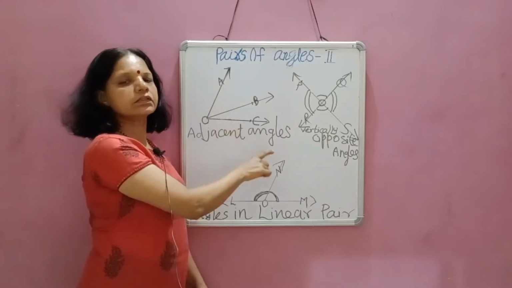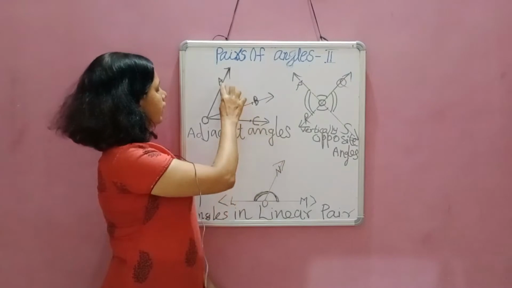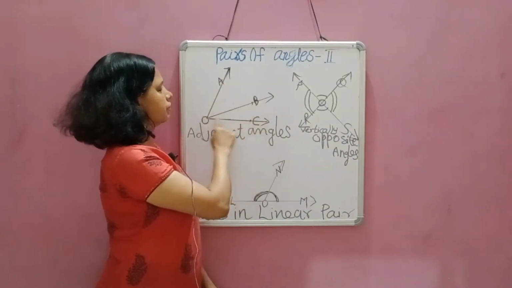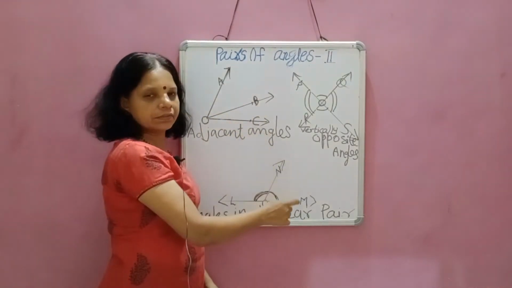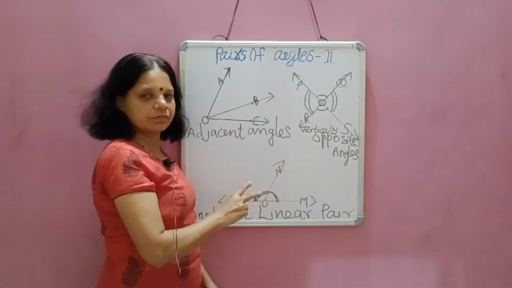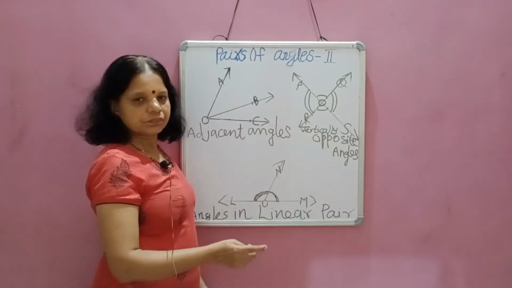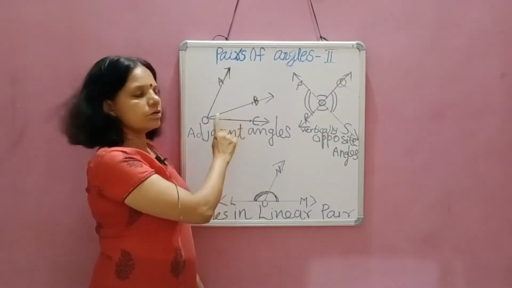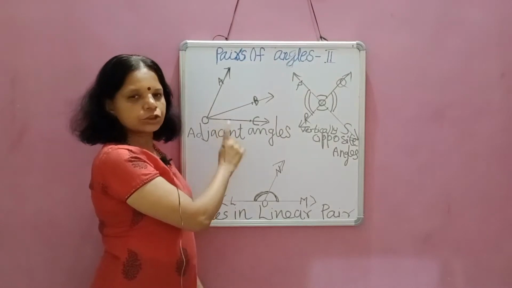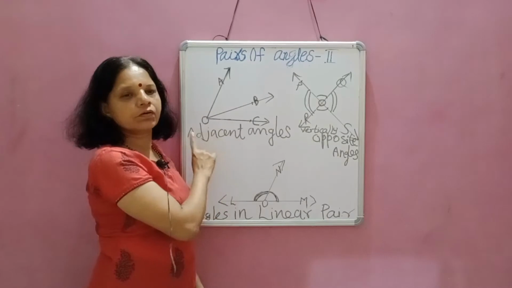But these angles are not adjacent. Only AOB and BOC are adjacent. Why? The two conditions are satisfied, but one more condition is there. The sides which are not common should be on opposite sides of the common side.